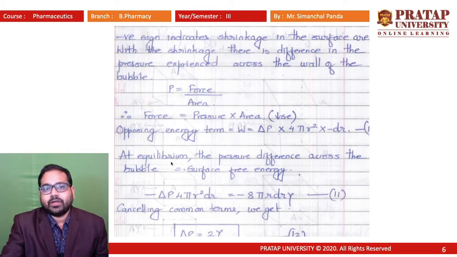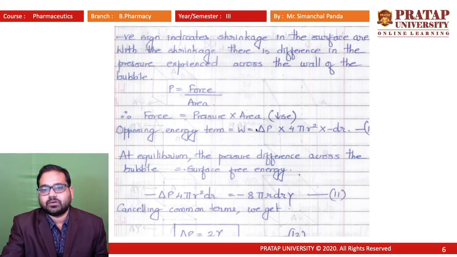Now we have to calculate the force. That negative sign indicates shrinkage of the bubble. As I said on the last slide, there is a difference in pressure experienced across the wall of the bubble. Pressure is force acting per unit area, P equals F by A. So force can be written as pressure multiplied by area, delta P into A. The opposing work term W can be written with delta P, the change in pressure.